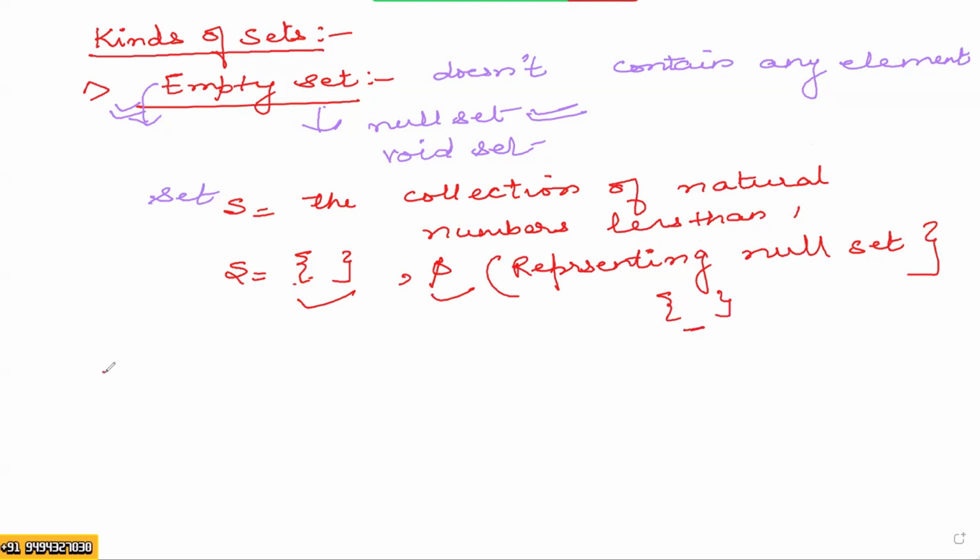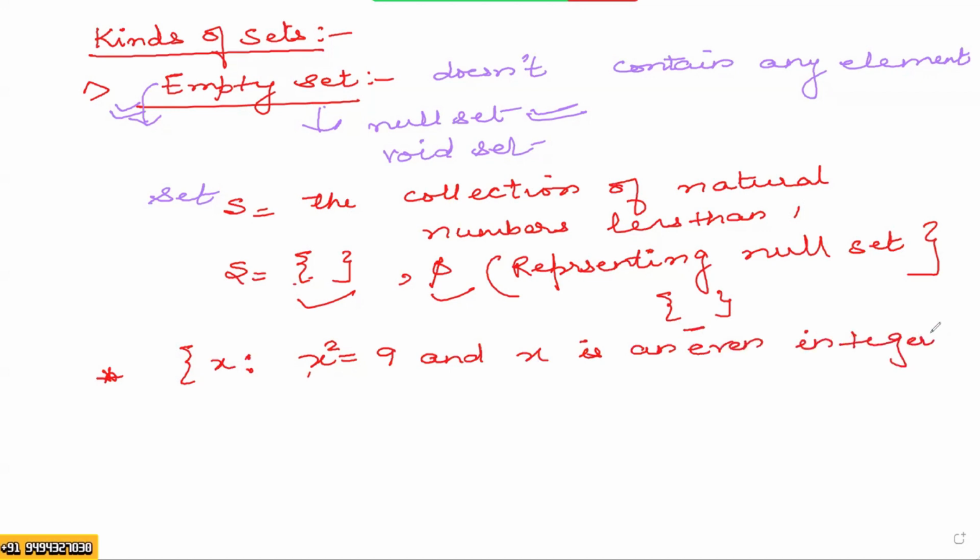Now suppose I ask you: x such that x square is equal to 9, and x is an even integer. Is it possible? No. The word even I have used here.